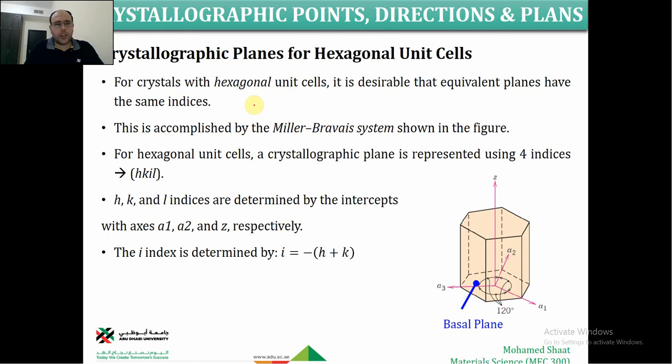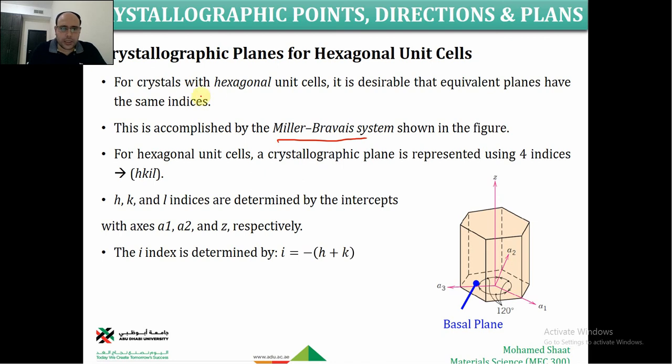Okay, so for the hexagonal unit cell, as we mentioned, there is a problem of identifying the equivalent crystallographic planes for a hexagonal crystal structure if we decide to use the 3-index Miller notation, as we did for the other crystal systems. So that's why, typically, the same as we did with the crystallographic directions, we have to use the Miller-Bravais system that includes 4 axes instead of 3 axes, which are a1, a2, a3 in addition to the z.